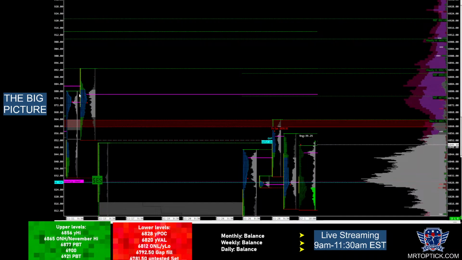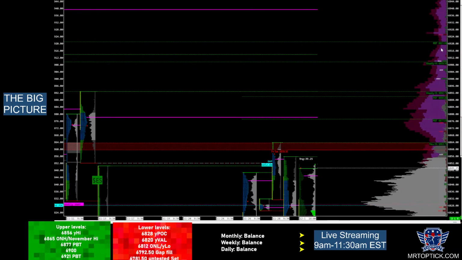Look for a value area sweep for this session right here. Target here is that point of control, close to 68.77. Then we have the weekly high at 68.92, the big round number at 69.00, and then I have another bullish imbalance that targets 69.21.